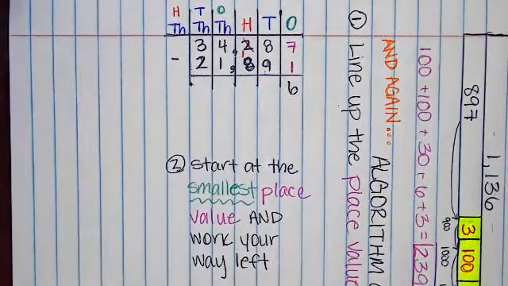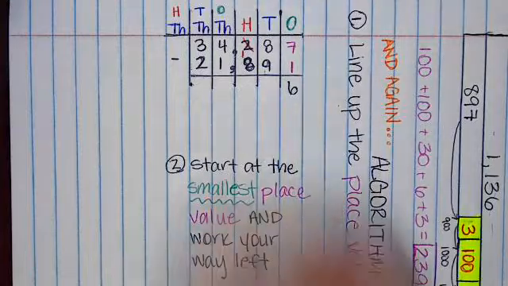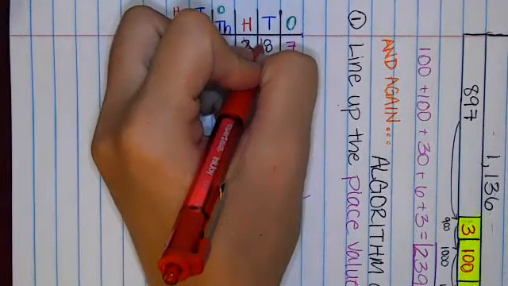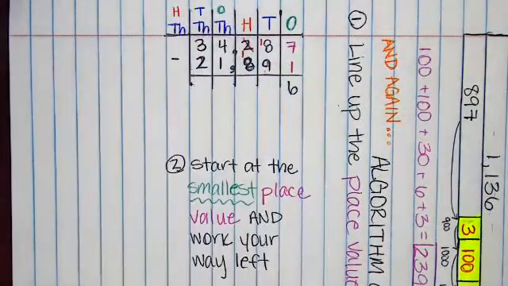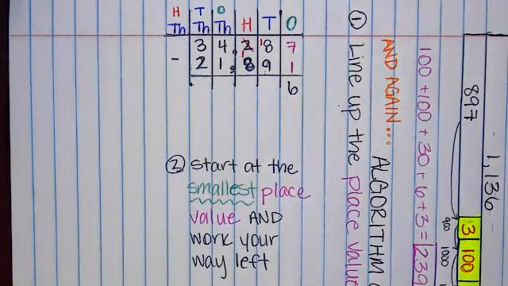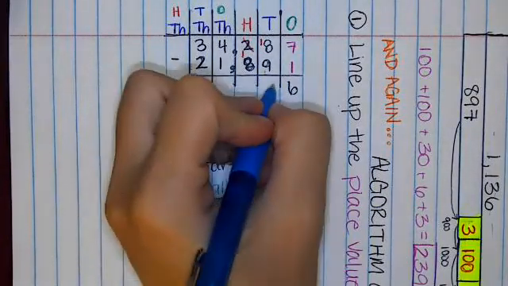I'm going to take that 1 from the hundreds place and bring it over to the tens place, which then says 18. 18 take away 9 would be 9.